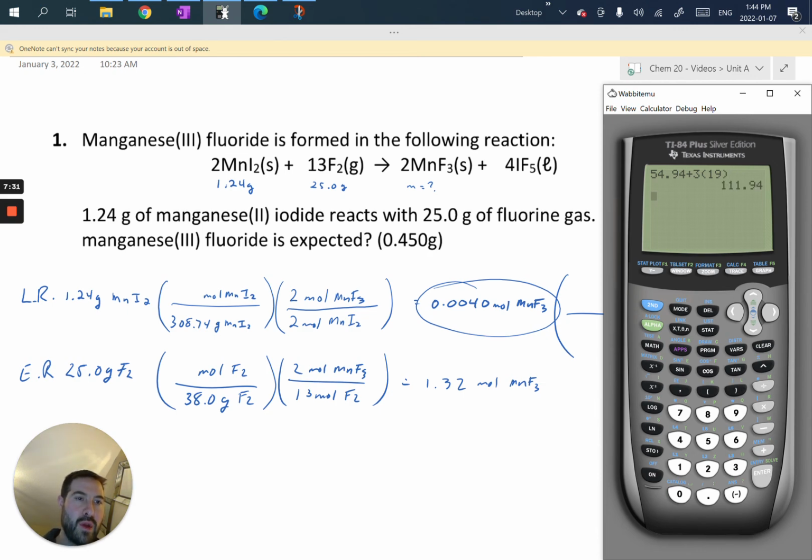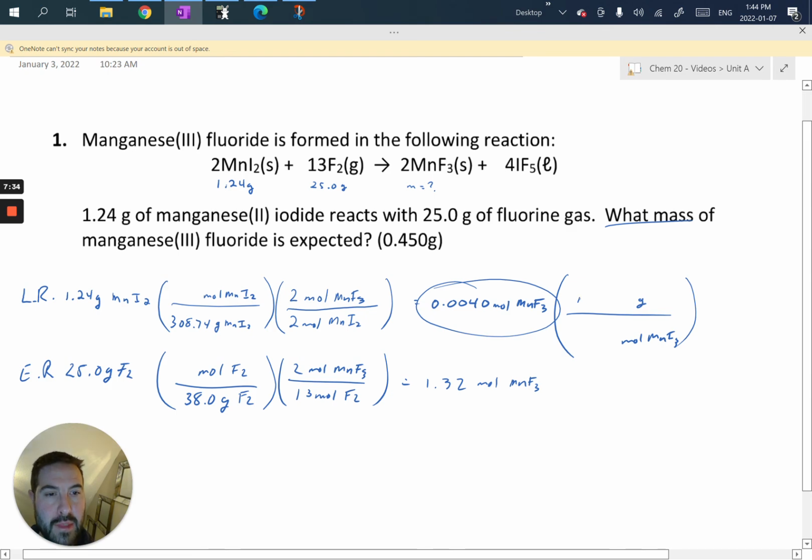So there's my MnF3, 111.94 grams for every mole. I just need to multiply these two values now: my 111.94 times my 0.0040.